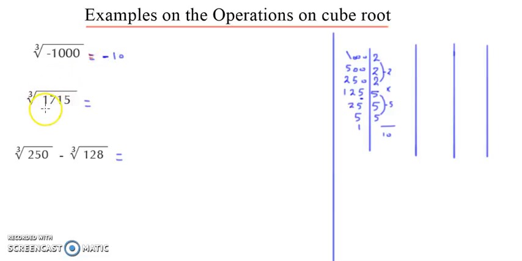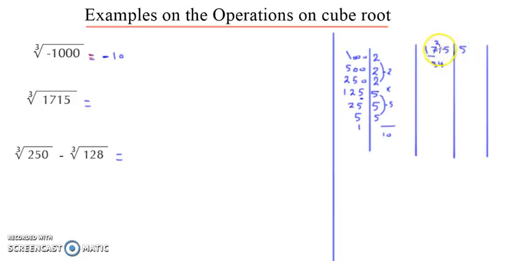Then we are going to find the cube root of 1715. As you know, the unit is 5, so it will be divisible by 5. 17 divided by 5 is 3, because 3 times 5 is 15. 17 minus 15 is 2, so it becomes 21. 21 divided by 5 is 4, as 4 times 5 is 20.